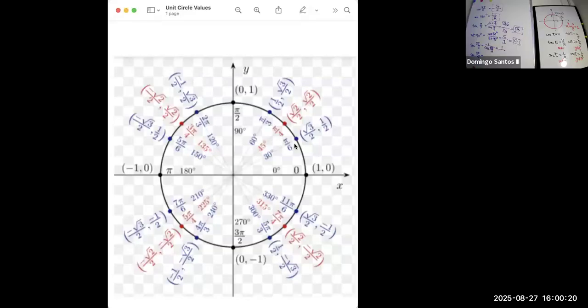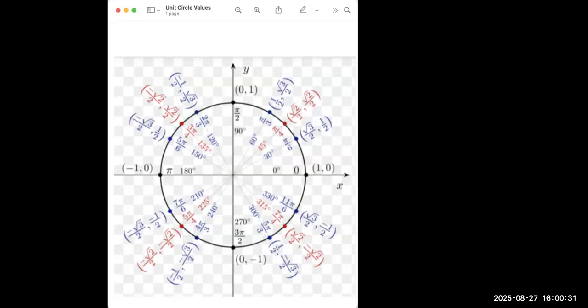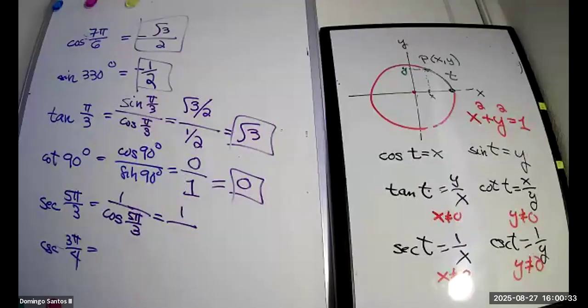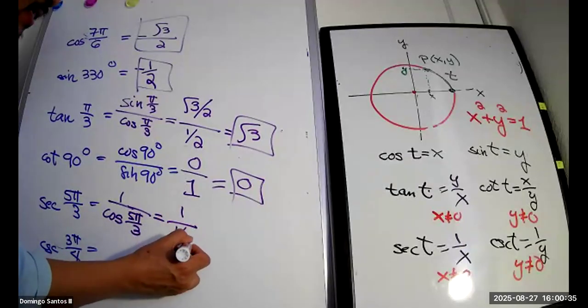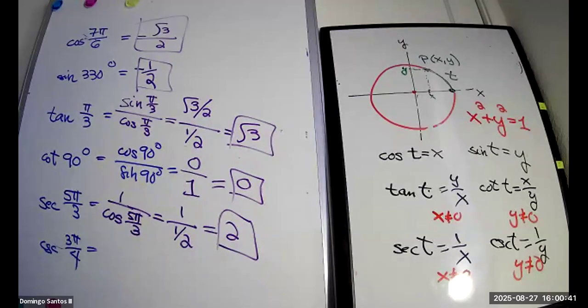Where is that? Okay, this one. So 1 over 2, right? Cosine is the x value, so 1/2. So 1 over 1/2 is? It's just going to be 2. Very good.